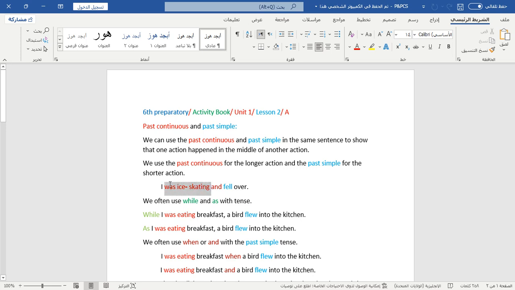The first part of the sentence, I was ice skating, is in the past continuous. How do we know that? By the helping verb was plus the verb with ing.